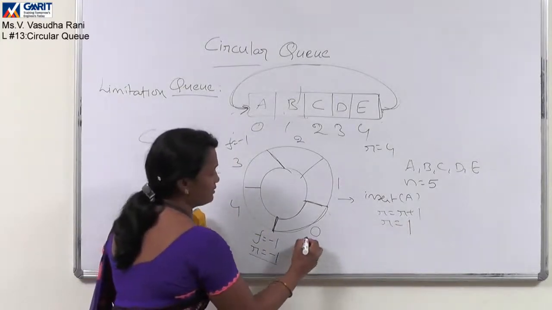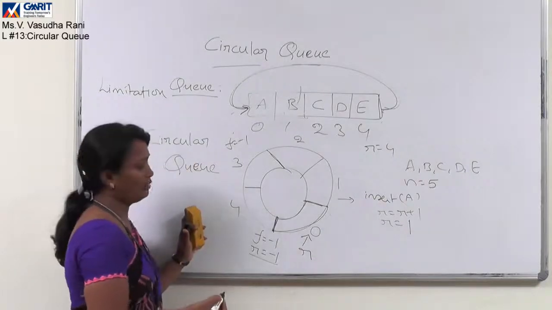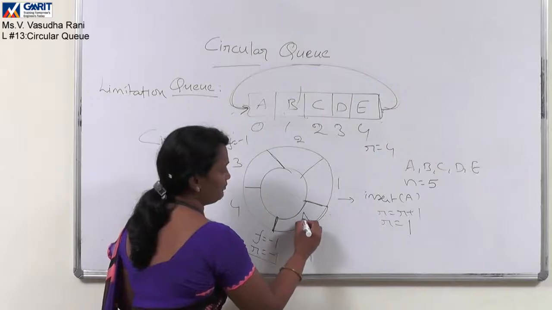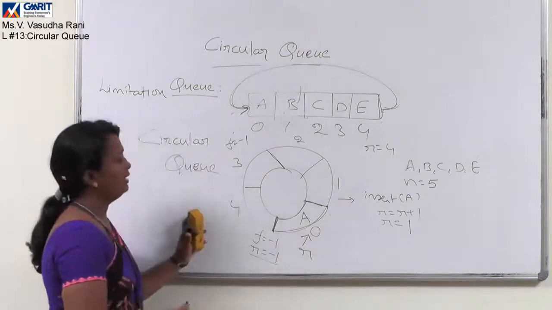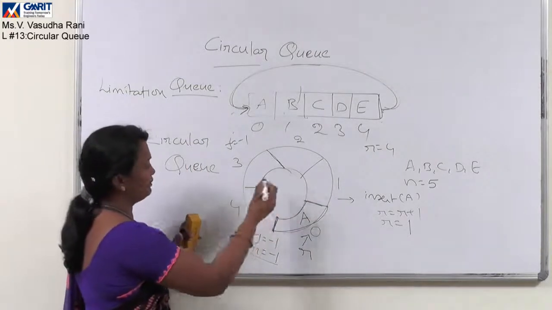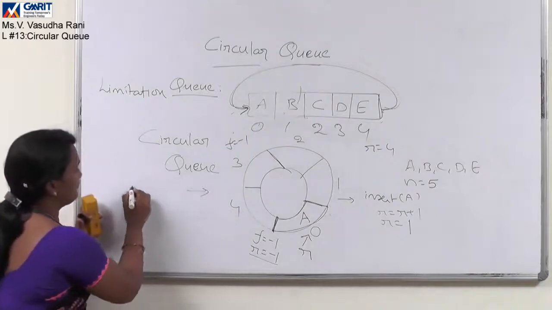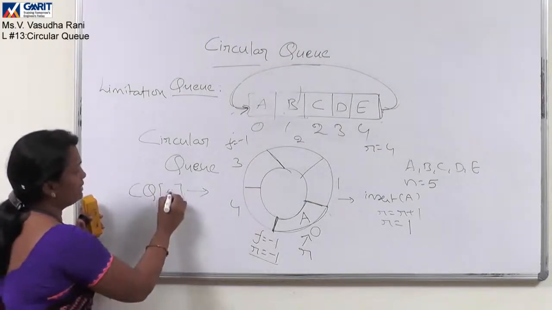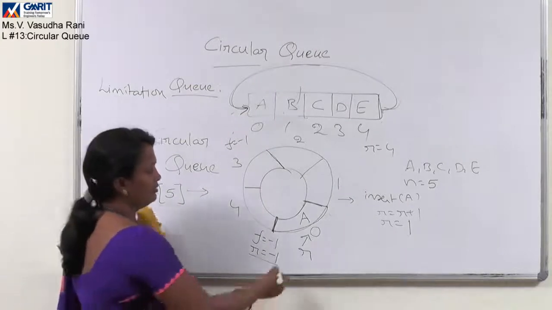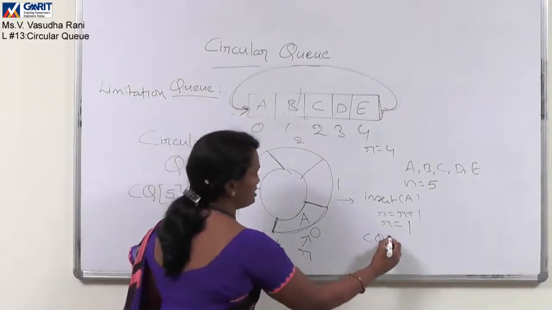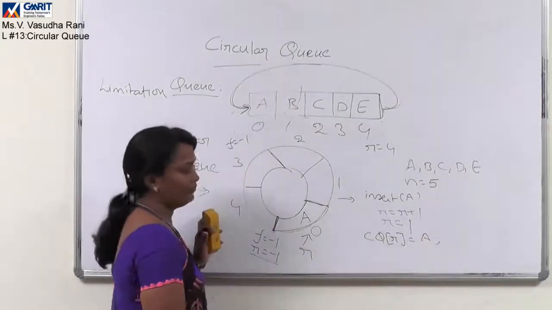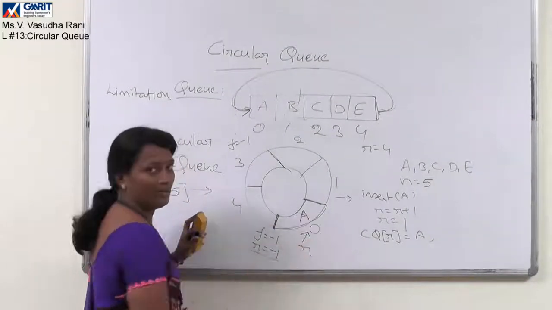Our rear refers to this 0th location, and now we can keep our item A. If you give a name for this as the CQ array with size 5, by placing CQ of R equal to A, we can insert A here.